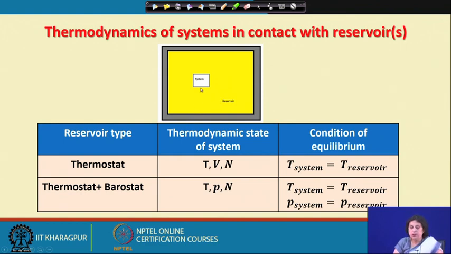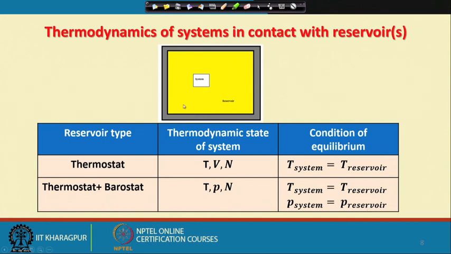If this wall is diathermal, rigid and impermeable, then the reservoir can be taken as a thermostat. Under this condition, as I have already mentioned, the equilibrium thermodynamic state of the system will be given by temperature, volume and the number of particles, and the condition of equilibrium is that the temperature of the system is equal to the temperature of the reservoir.